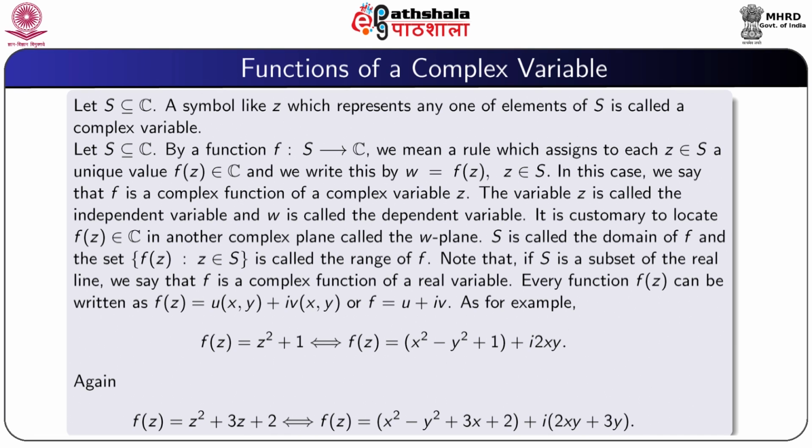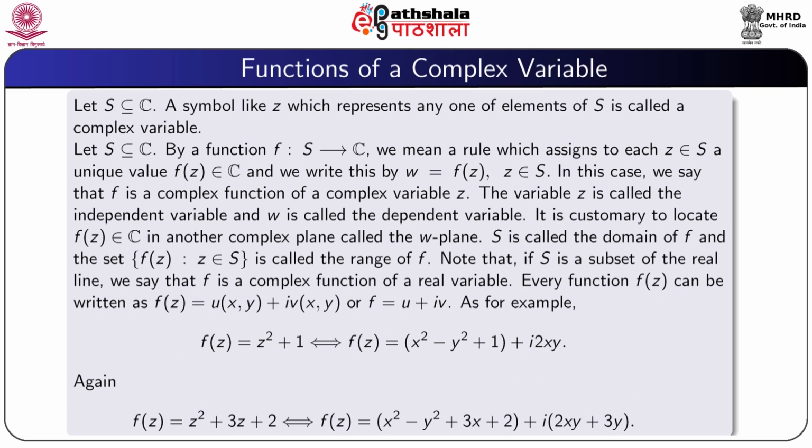Every function f of z can be written as f of z equal to u of x,y plus i v of x,y, or we can write f equal to u plus iv.